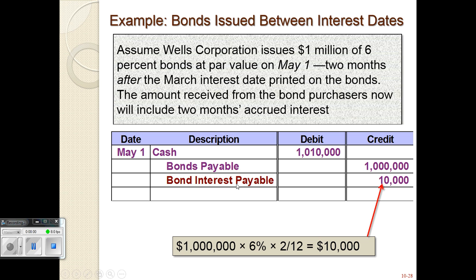You're going to have to pay them 10 grand, because in 4 months, they're going to pay you 30 grand, because when it says that they're going to pay you 6% on that $1 million, they have to pay that 6%. So what you're going to do is take $1 million at 6% for 2/12 of the year, and your bond interest payable will be 10 grand.